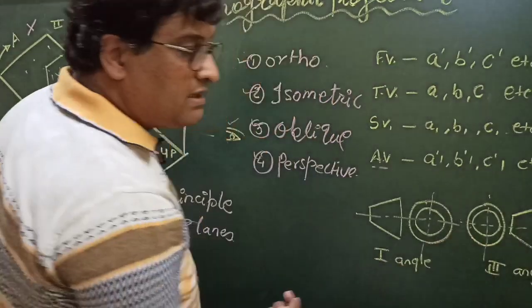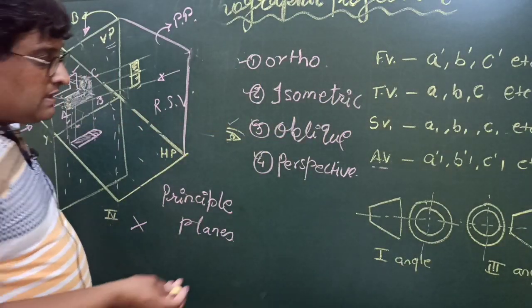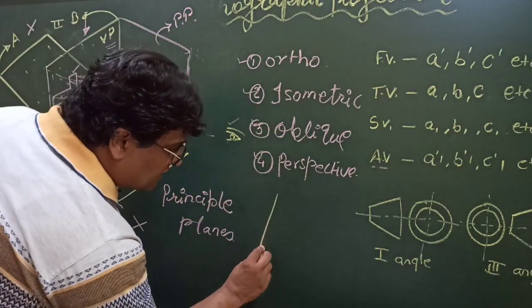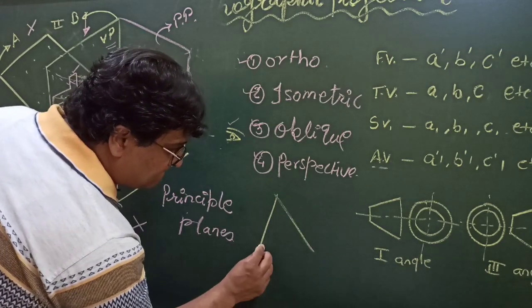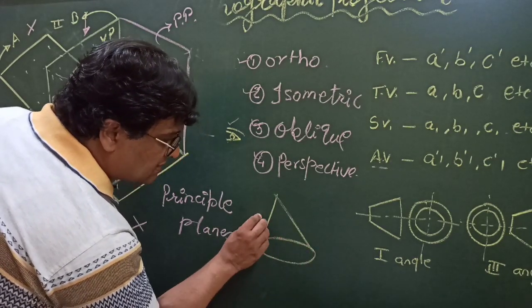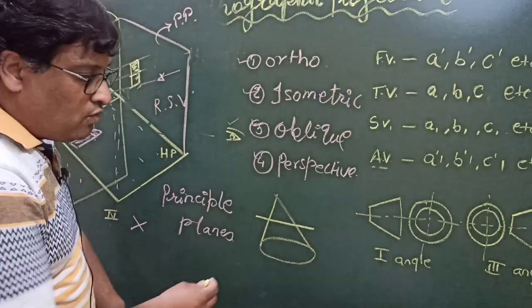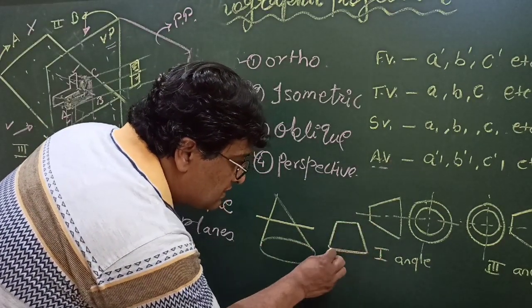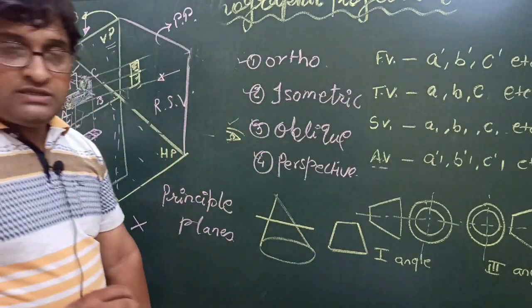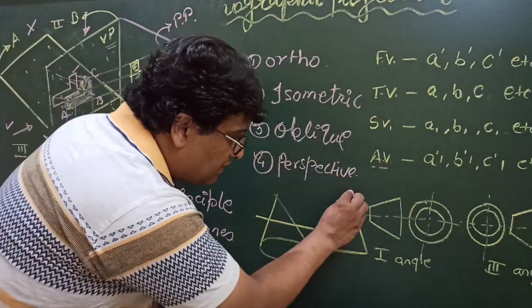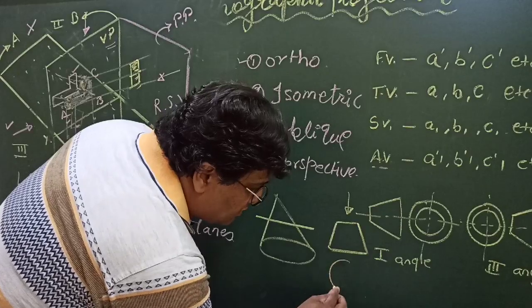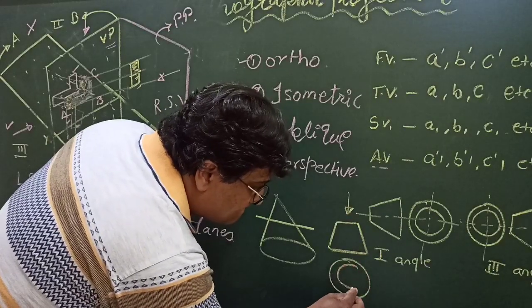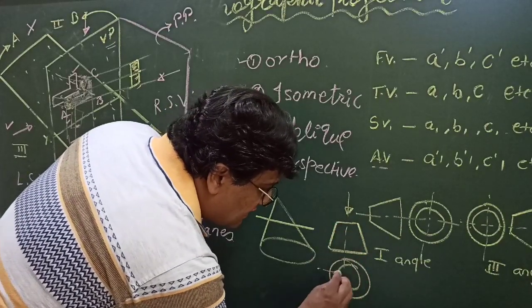Basically, these are nothing but a frustum of a cone. It means if a cone is cut like this, say this is a cone and it is cut like this, what will be visible in the front? A trapezoidal shape like this in the front, and what is in the top? It will be shown like this, and this is the center line.